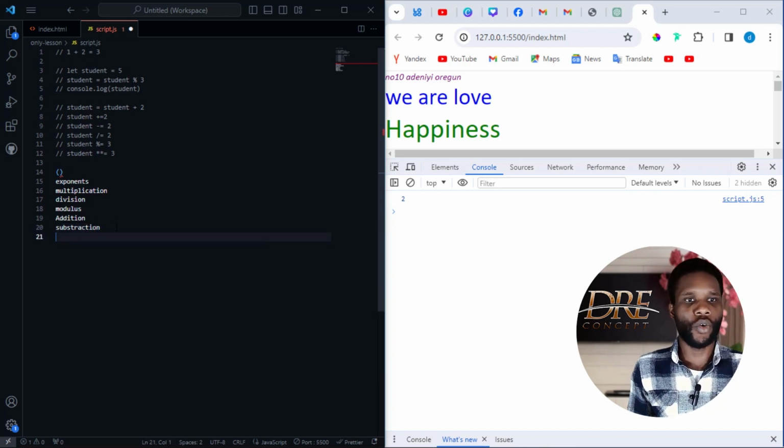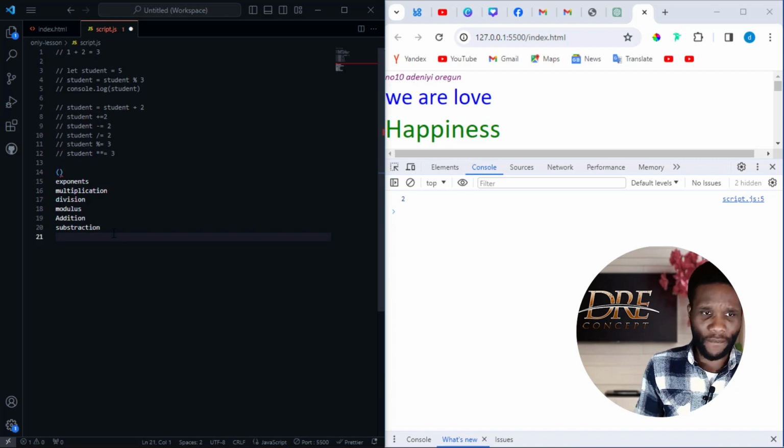Okay, so if you have an arithmetic expression involving a parenthesis, ensure that the parenthesis expression is solved first before any other operators can be solved. The next one is exponent. If in case you have an exponent, then what should be solved next is the exponent, then the multiplication.